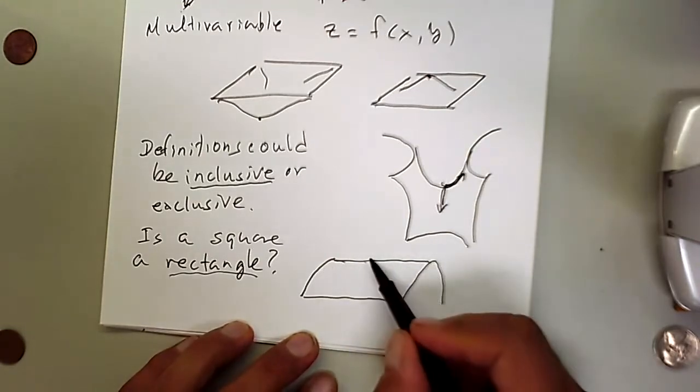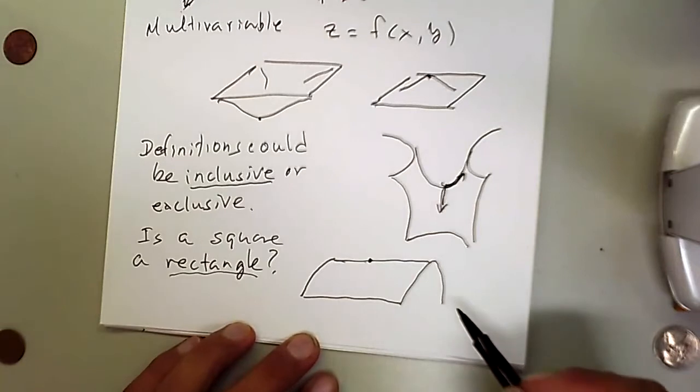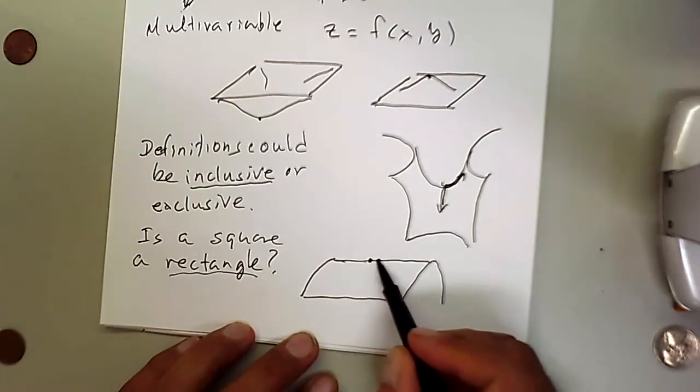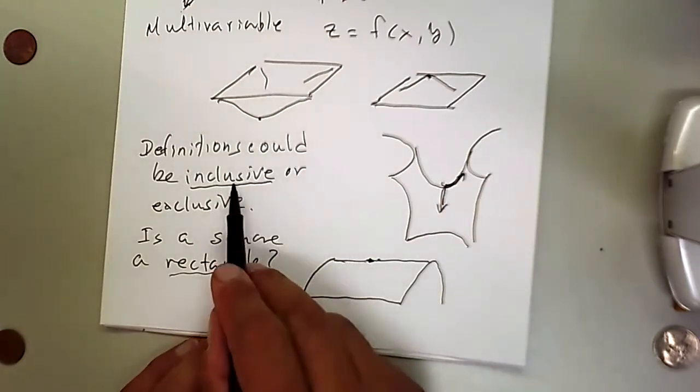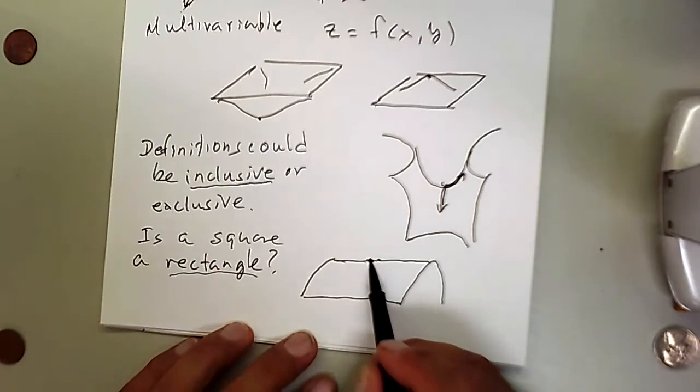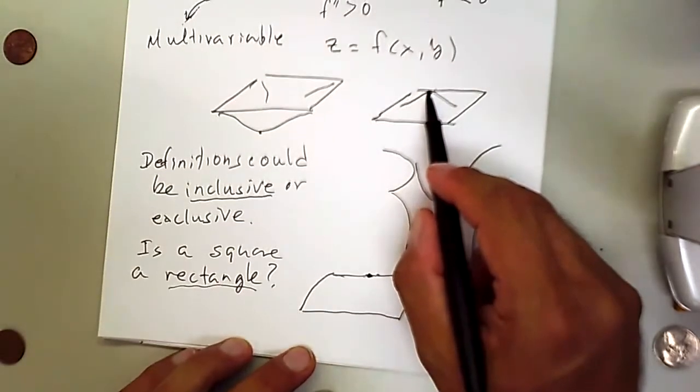So is this point a maximum or not? Because points next to it are level with this point. And the answer is, because we're using inclusive definitions, yes, this point is going to be a maximum of the graph.